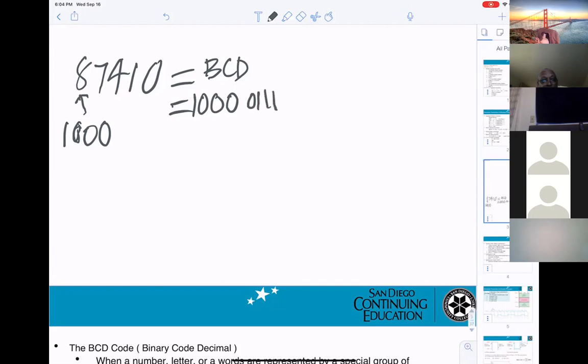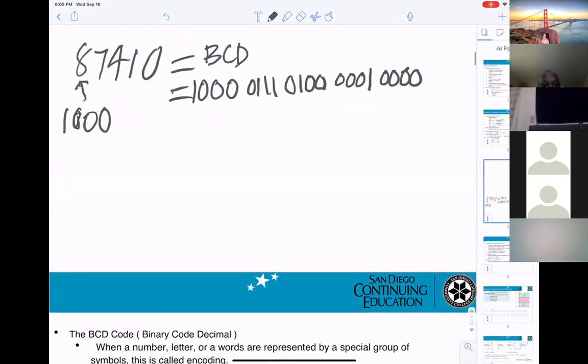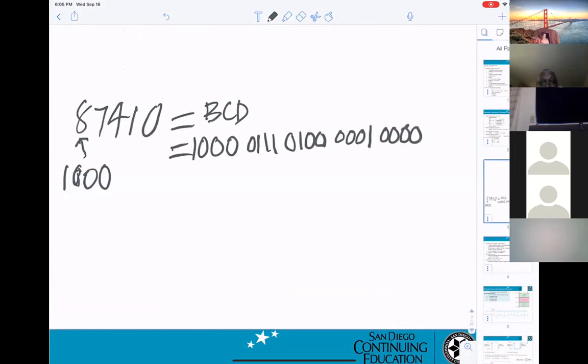Next number 4, 0100. And the next number 1, 0001. And the last one, four zeros. Okay? So if in here they get it wrong, you have to correct that. The correction will be that one here.